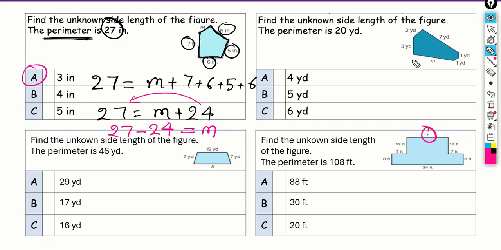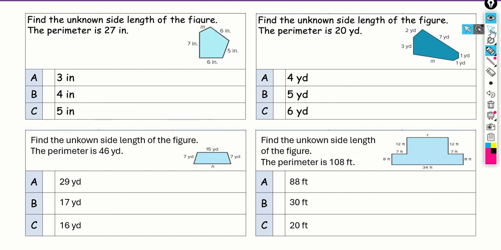Here this is the unknown, here this is the unknown, and here this is the unknown. Perimeter is given as 46, so 46 equals all together. Here perimeter is 20, so 20 equals, add them together and try this. Perimeter is 108. Next.